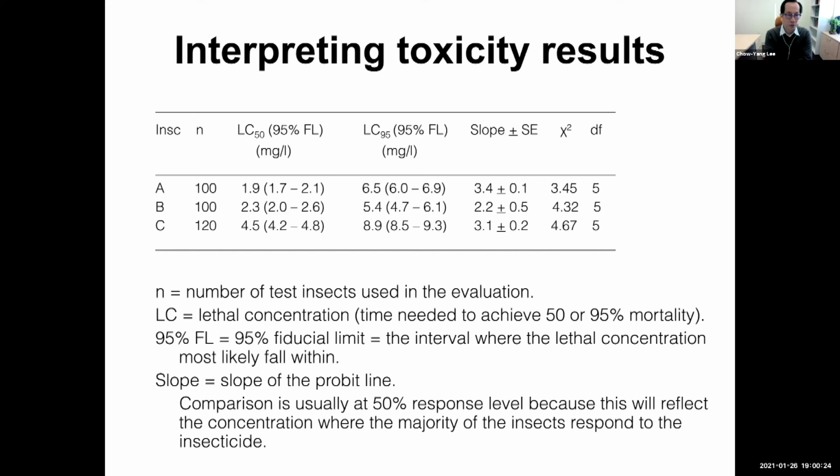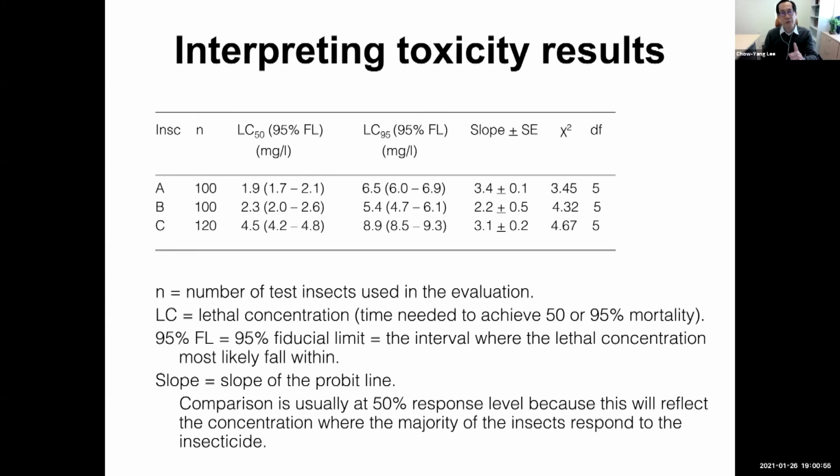It can also be the strain of insect that you are testing, and n refers to the number of insects that you use for the evaluation. So if you use a total of 100 insects, that will be written there as 100. So 100 refers to the total number of insects that you use in the entire experiment where you generate that particular LC50.